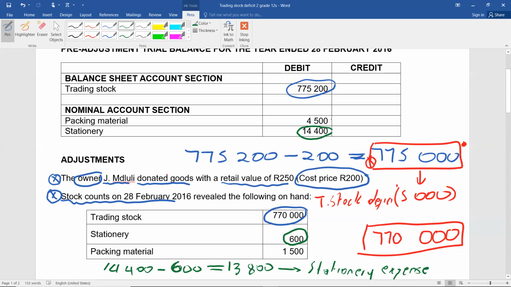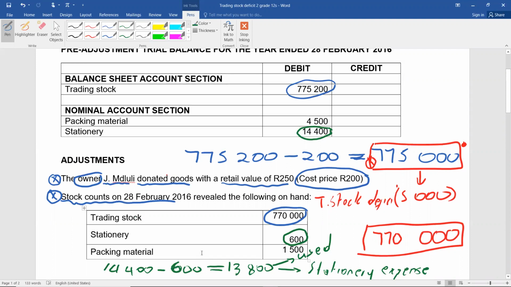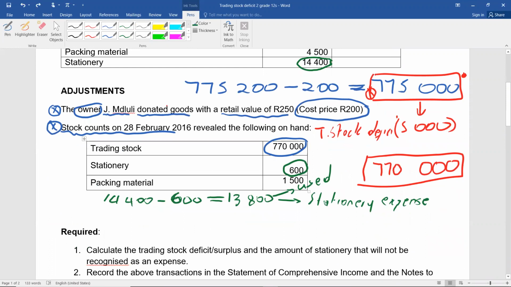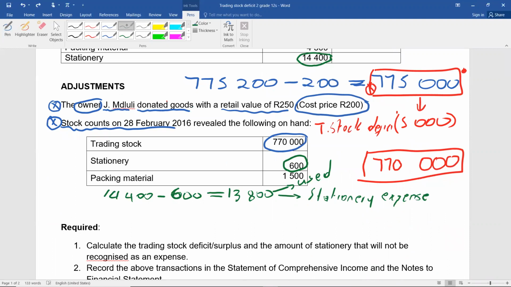Meaning that the stationery expense we have in the trial balance is incorrect, because only stationery used will be recognized as an expense. The one that is not used will be recorded under the inventory note as consumable stores on hand.